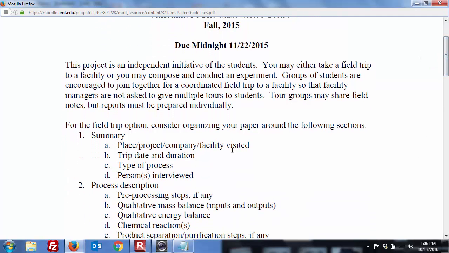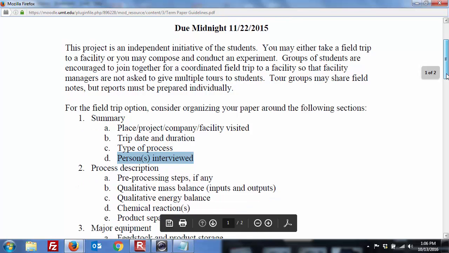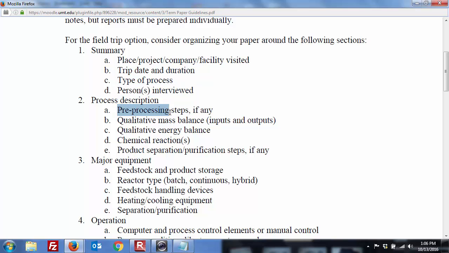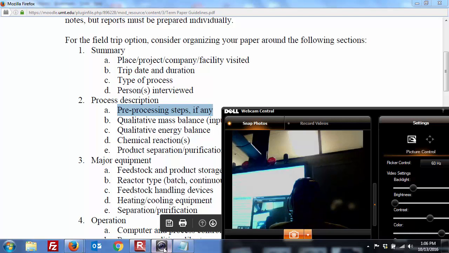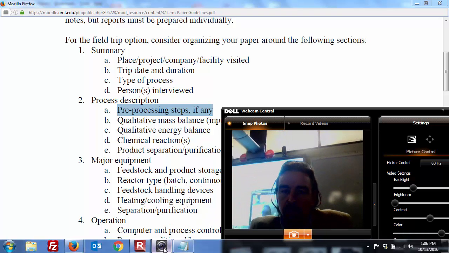Where did you go? When did it happen and for how long? Let us know what type of process is happening there, and who you interviewed or talked to. Any pre-processing steps? Let's say, for example, you're going somewhere that's making biofuels.